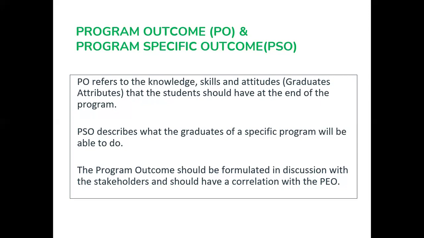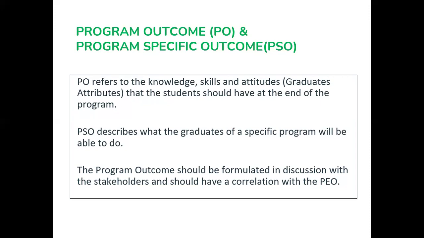So PO refers to these three domains that the student should have at the end of the program. If the student is undergoing a particular program, say BTech mechanical engineering or MBA or MCom or BCom, after the completion of the program, these are the graduate attributes the student should possess.